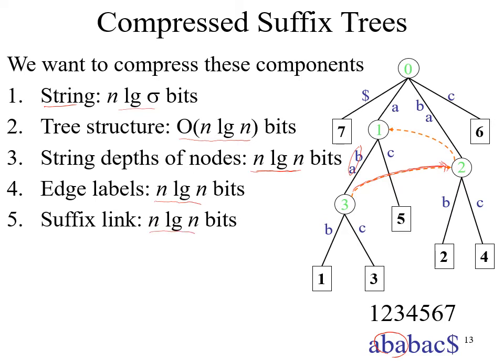So the first component, string, is the input and uses n log sigma bits. But in addition to this, we use these 4 components, and each of them is at least n log n bits. So the space is much larger than the input size n log sigma. Here we consider n is much larger than sigma.